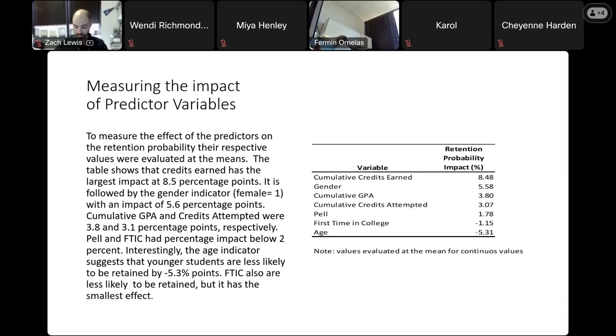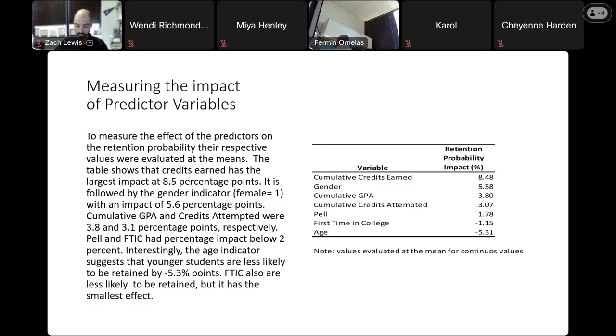A similar interpretation can be made about cumulative GPA: for each unit that the cumulative GPA changes, there is a 3.8 impact on the probability of retention. Same thing can be said for cumulative credits attempted: for every 1 unit of credit that the student attempts to take, there is a 3% impact on the probability of retention.